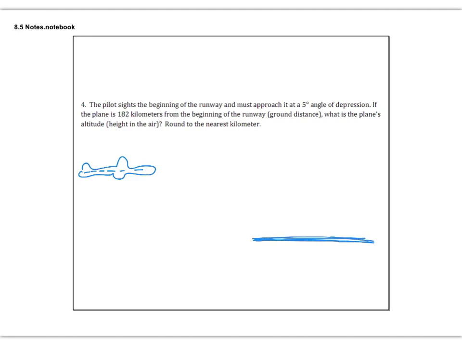All right, so it has to have a 5-degree angle of depression. This is not going to be drawn to scale, but that's okay. From the pilot's line of sight down to the beginning of the runway is 5 degrees. Definitely not drawn to scale. If the plane is 182 kilometers from the beginning of the runway, ground distance. Now this is the tricky part.